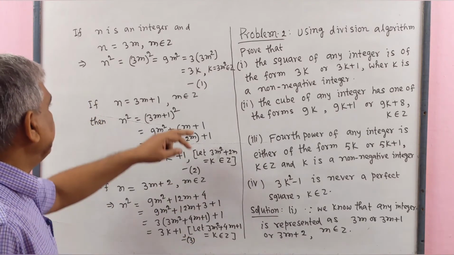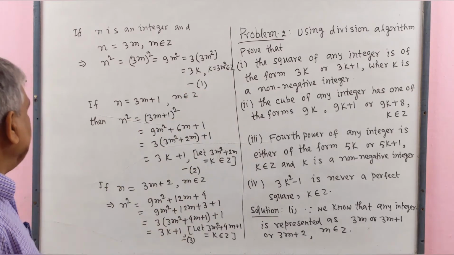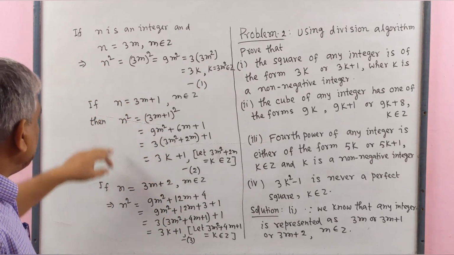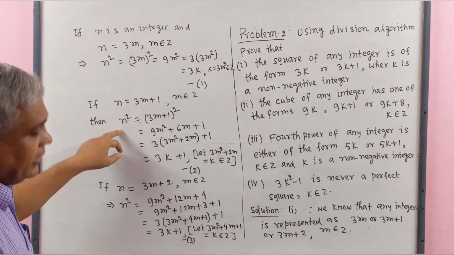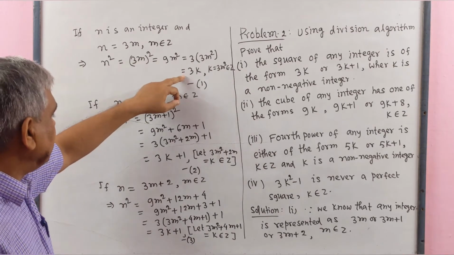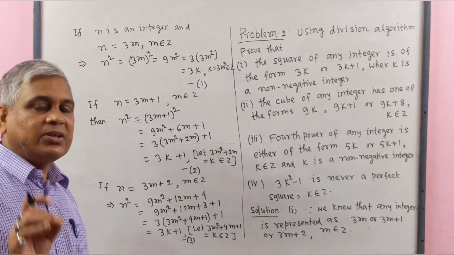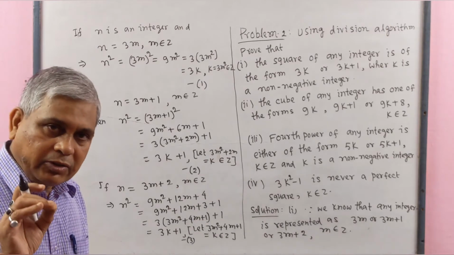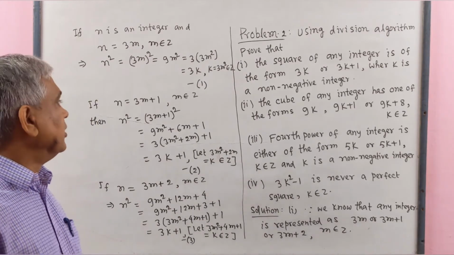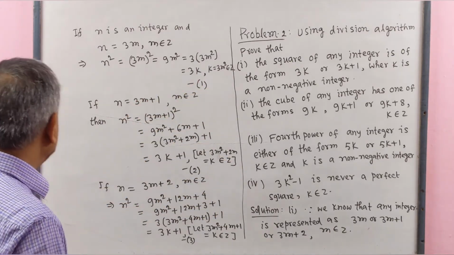From 1, 2 and 3 we get that square of any integer n is of the form 3k, here 3k plus 1, here also 3k plus 1. That means square of any integer is of the form 3k or 3k plus 1.